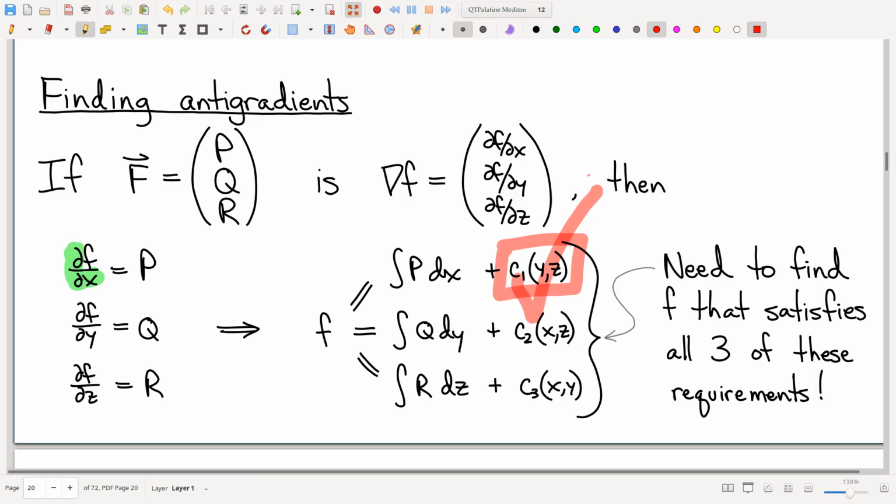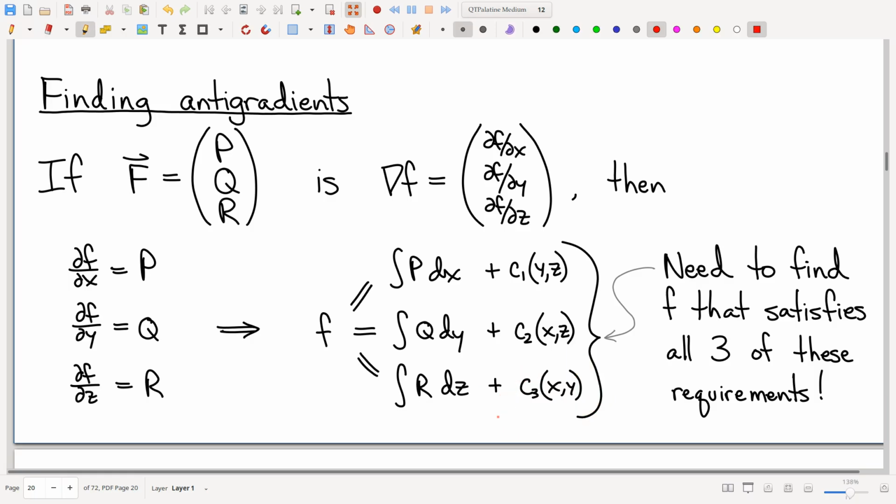In terms of partials with respect to x, this behaves like a constant. So weirdly, no longer just constants. Now they are functions that can't have any particular variables in them. So no x's in here, no y's in there, and no z's in there.